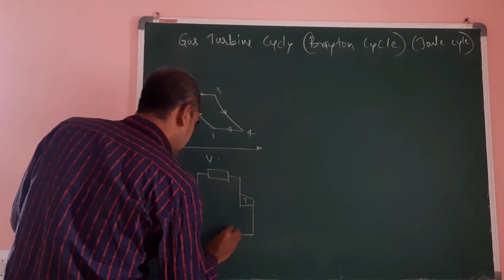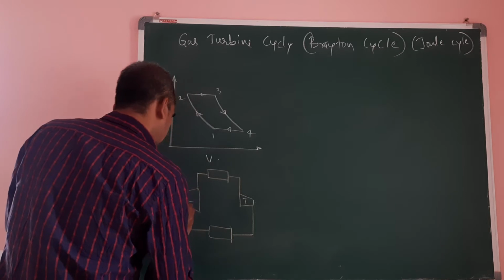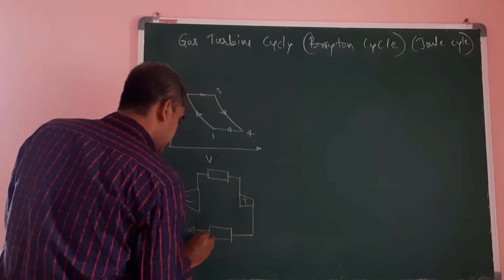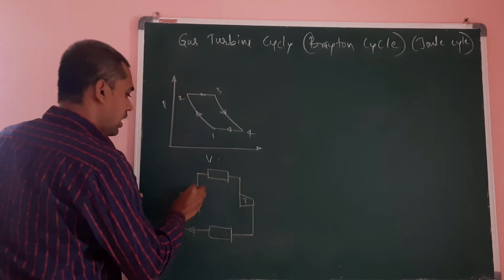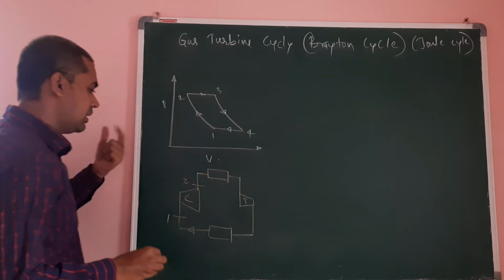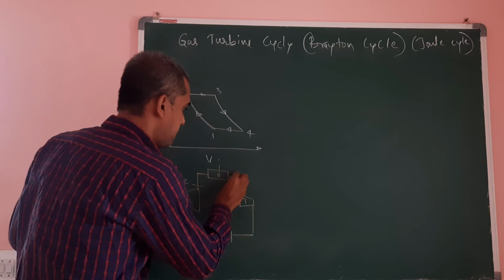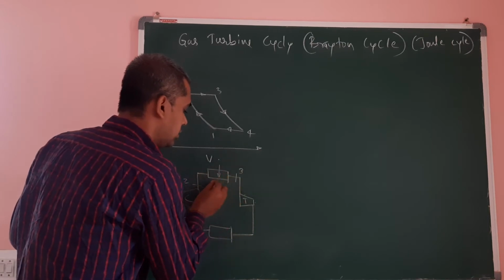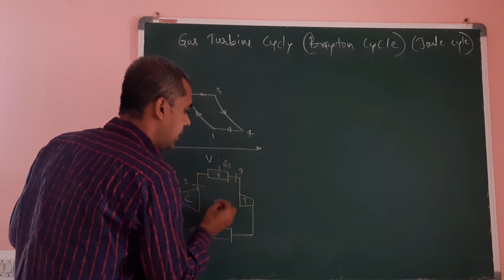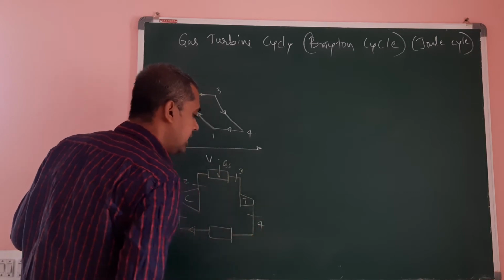What happens actually is, the gas is compressed, and after that the compressed gas is heated. Heat is added to the compressed gas at constant pressure, then it is expanded in the turbine.